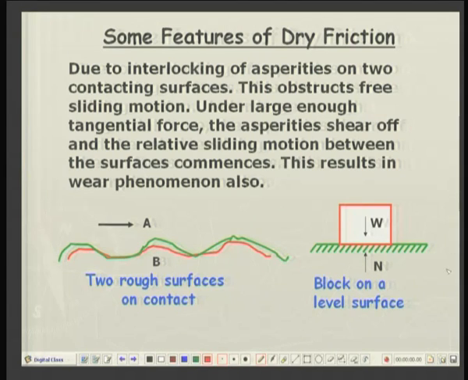There is a downward force W and an upward reaction from this surface onto the block, force N. W is equal to N, and the line of action of W is the same as that of N. So, the body is in equilibrium, there is no motion.